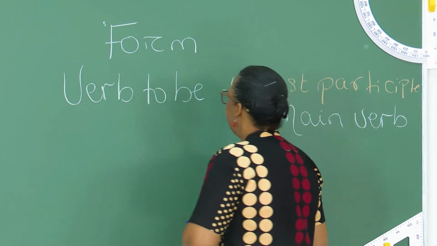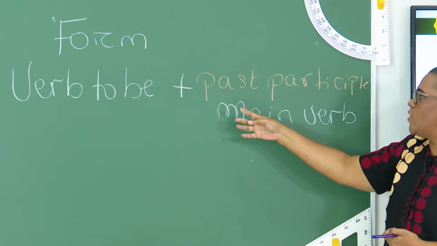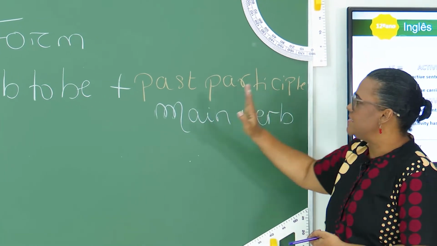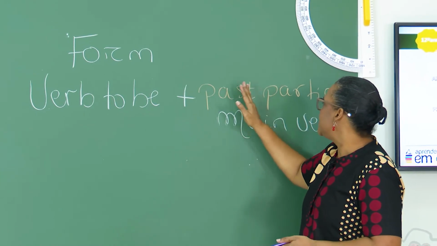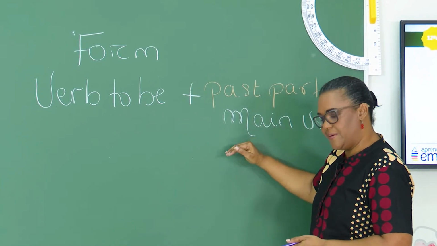So, this is the form for the passive voice: verb to be conjugated plus past participle of the main verb.